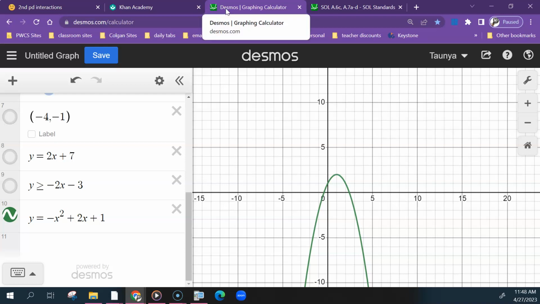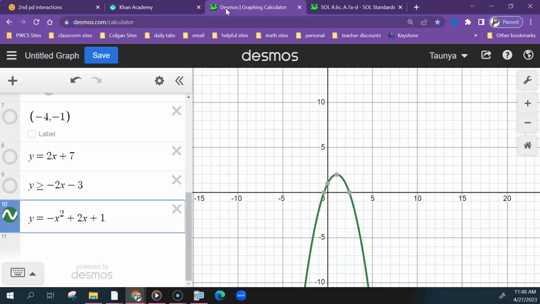If you click on this quadratic, it's going to give you 4 different things. Your zeros or x-intercepts, if you have any, your y-intercept, and your minimum or maximum, or your vertex. So you can easily check your vertex through Desmos as well. Make sure you utilize that.